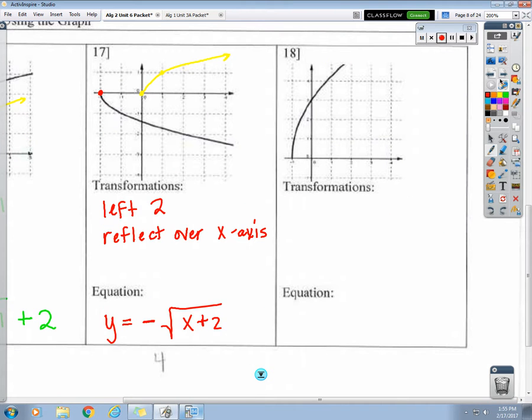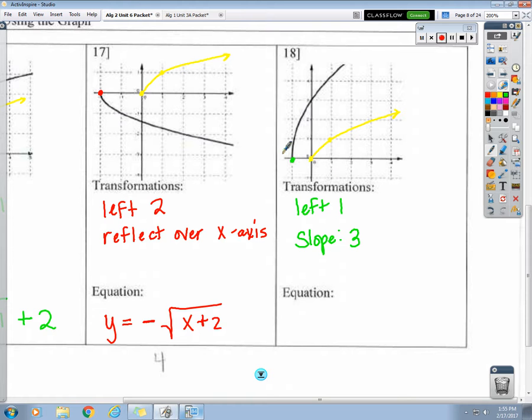Okay, remember, your parent function of a square root always starts at 0, 0, goes up 1 over 1, and looks like this. So how is this one different? Where is its starting point? Left 1. What else is different? The slope is much steeper, right? What is its slope? 3.